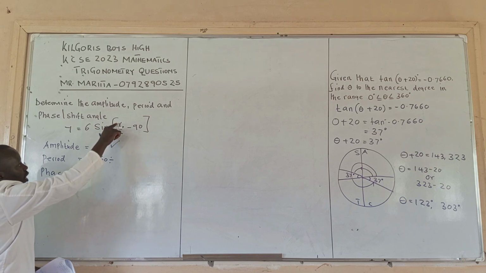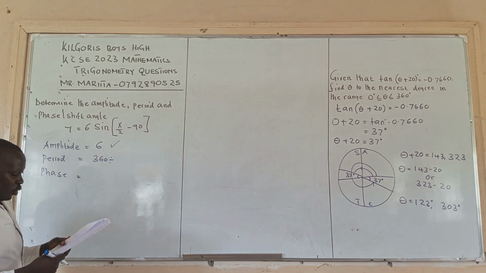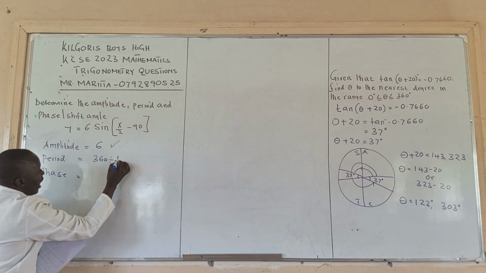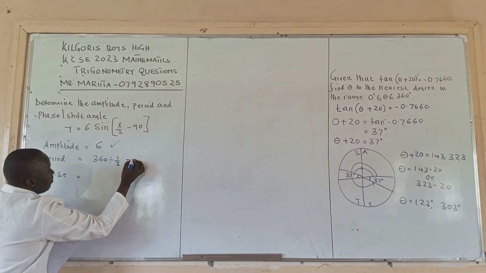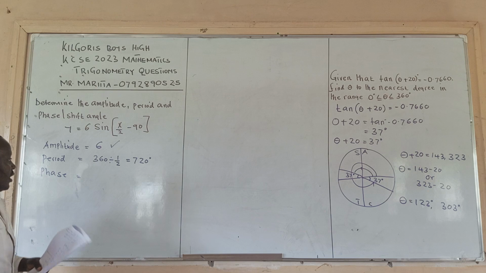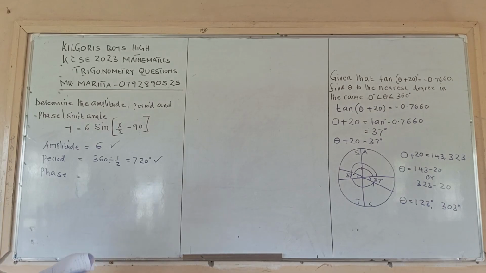So we are dividing that one by a half. If you divide this one by half, you will get 720 degrees.